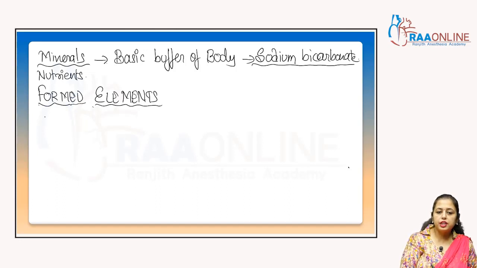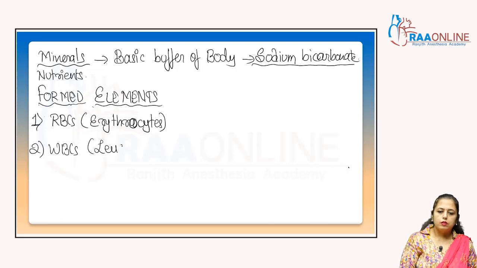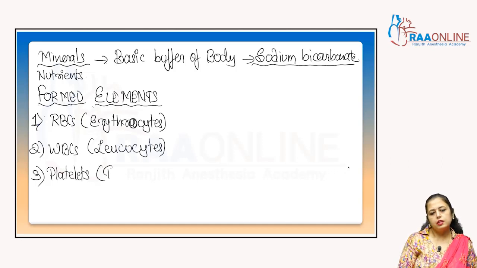There are three formed elements: the RBCs, also known as erythrocytes, the WBCs, the leukocytes, and the platelets, that is thrombocytes.